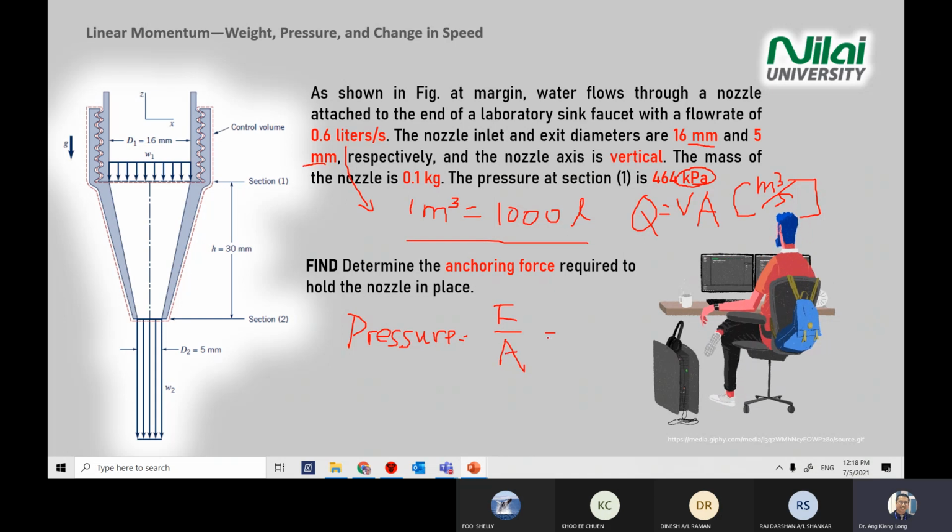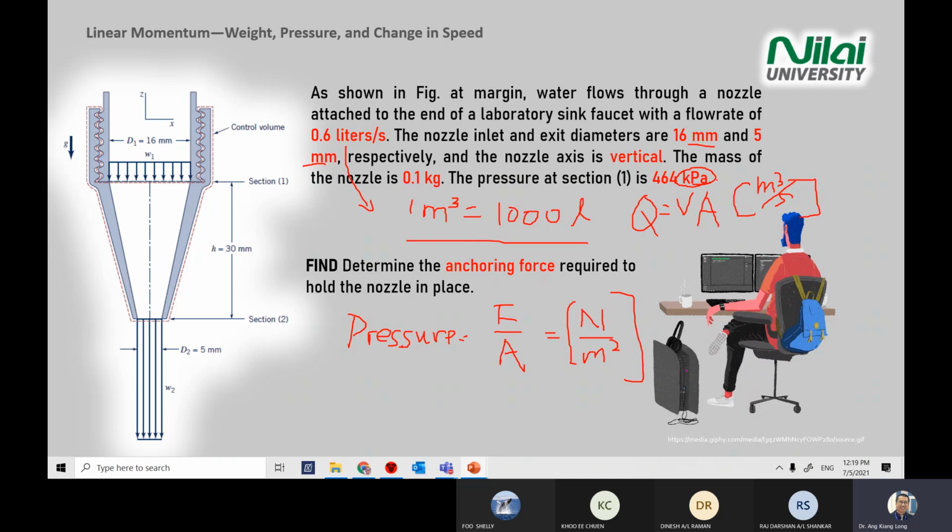Unit of force is Newton. Area is meter square. So Pascal will be equal to Newton over meter square. You need to know the relationship between Pascal and this.